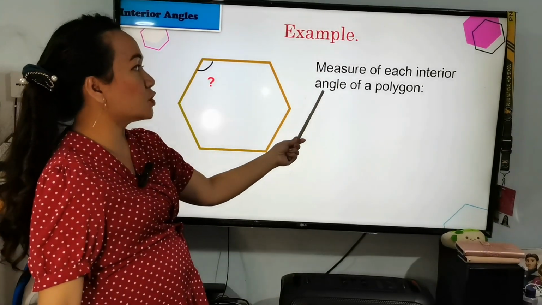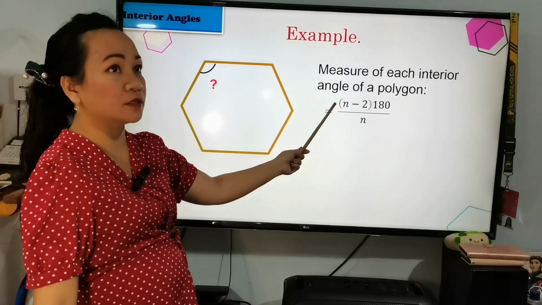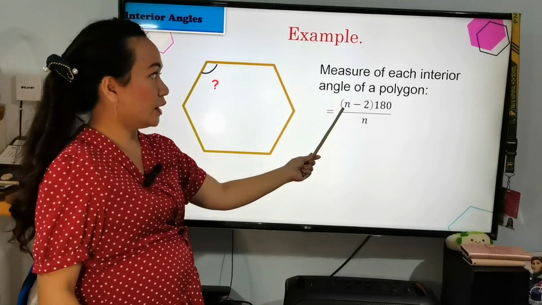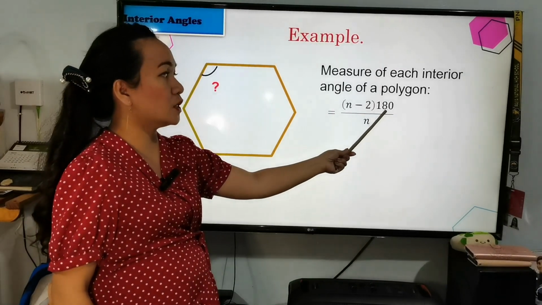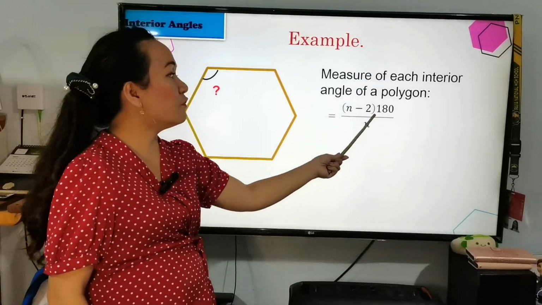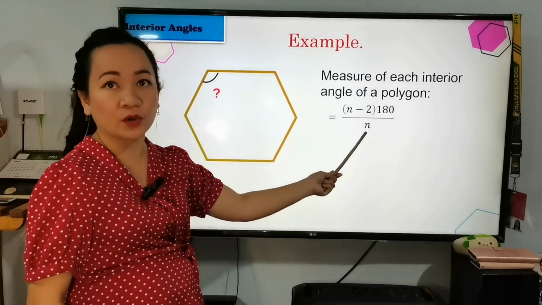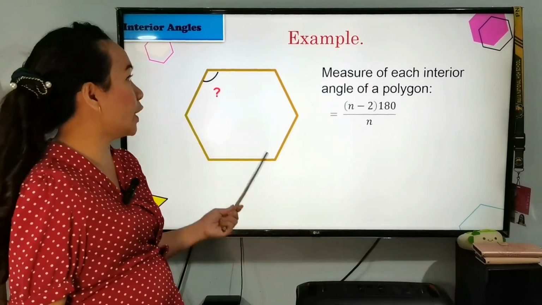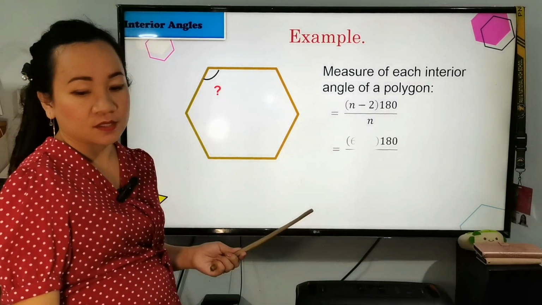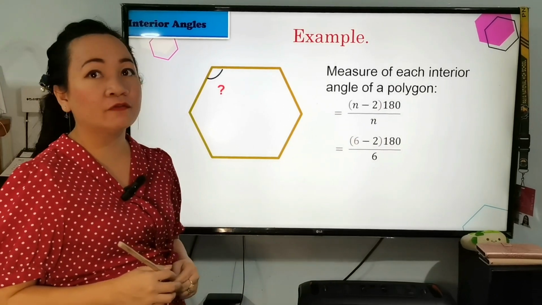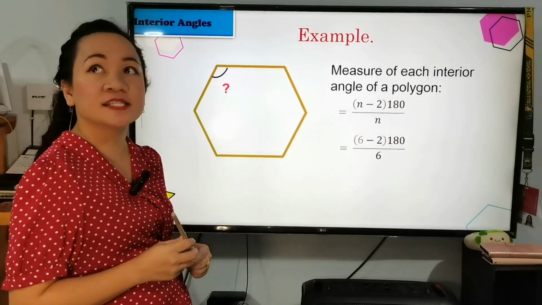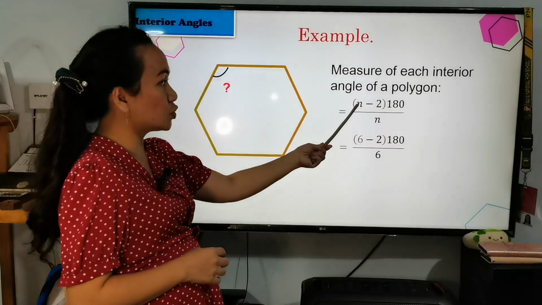Measure of each interior angle of a polygon. So again, here, n minus 2 multiplied by 180 degrees, divided by our n, or the number of our sides. Since we have a hexagon with 6 sides, just substitute 6 for n.